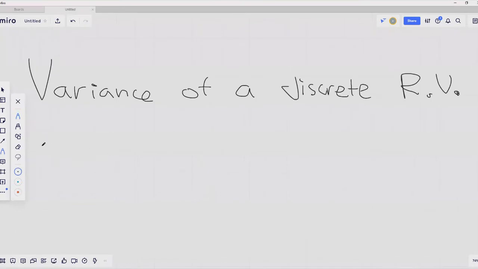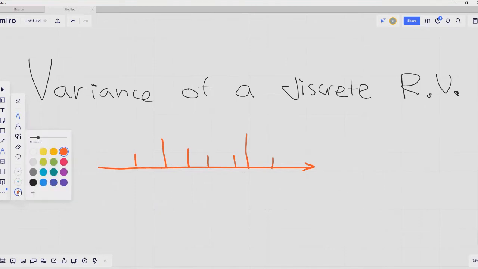Let's take a look at the following two PMFs. Let's say here we have the first random variable, and let me color in blue the PMF of a second random variable. Let's extend this line a bit.